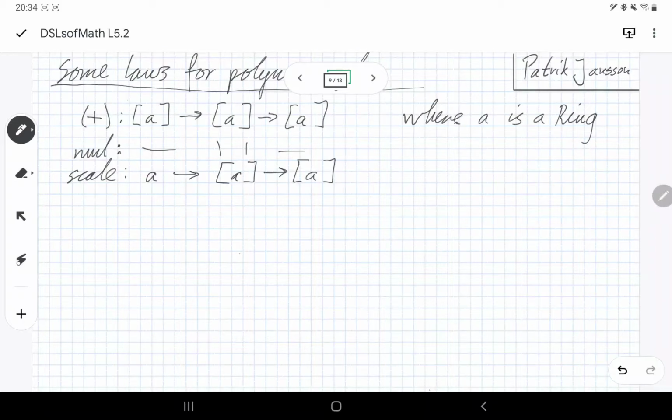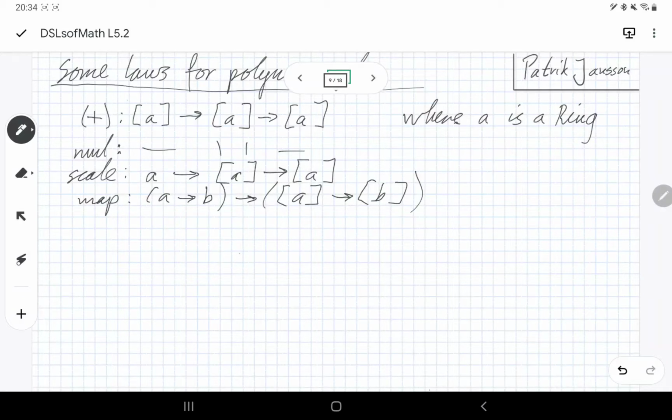Okay, addition, multiplication, and scaling. I will actually also use map. So remember the function map, which given a function from A to B, will give you back a function from list of A to list of B, where you apply the same function to all elements.